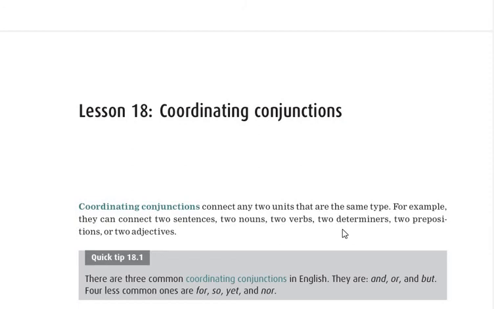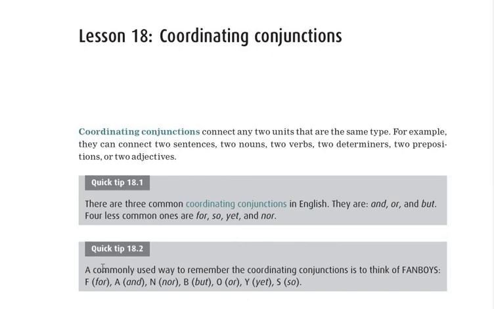Usually these are and, or, but, and less commonly for, so, yet, nor. And this is a very excellent tip here: FANBOYS, you have to remember this. For, and, nor, but, or, yet, so. Just remember the FANBOYS rule.